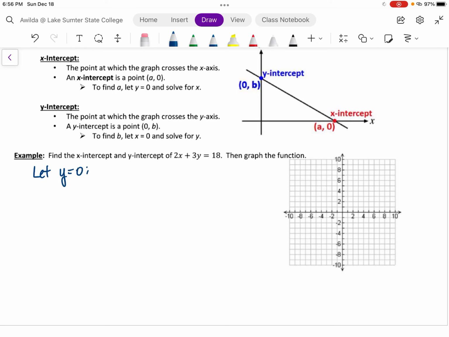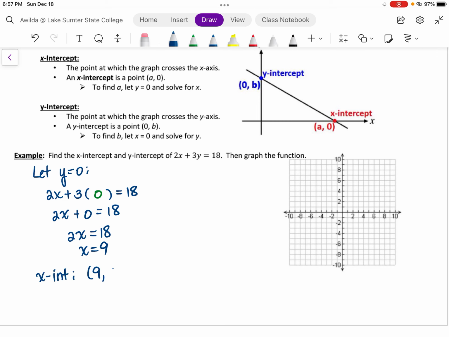So in the original equation, we have 2x plus 3 times 0 equals 18. Notice that 3 times 0 is just 0. So we simply get 2x equals 18, or x equals 9. That means that the x-intercept is the ordered pair 9, 0.